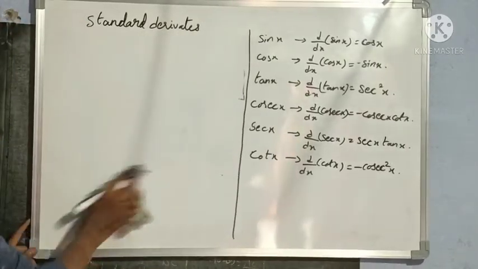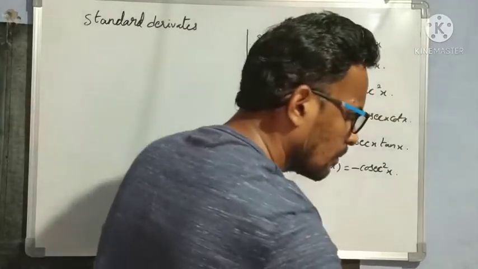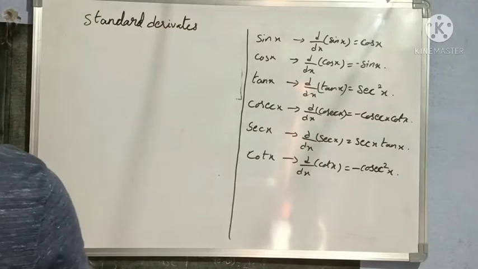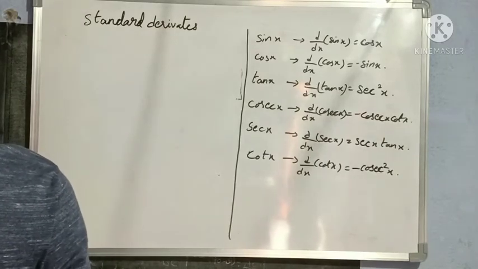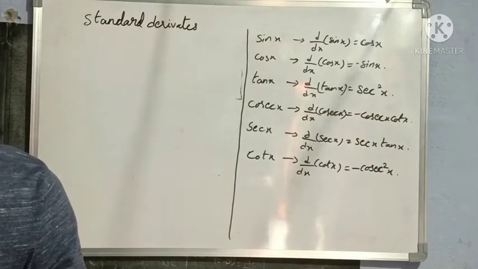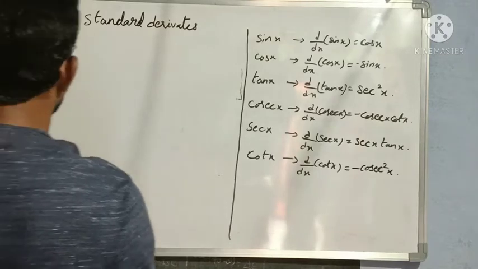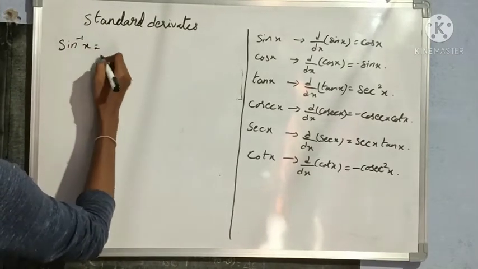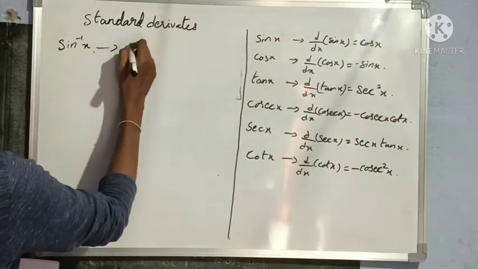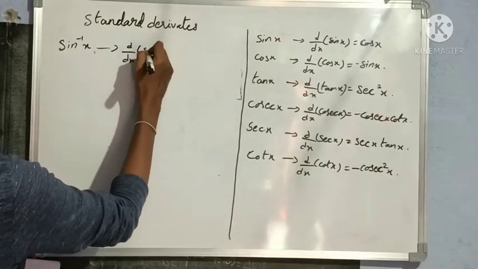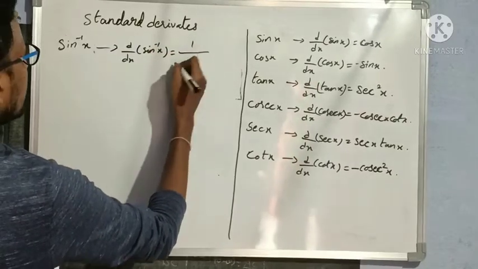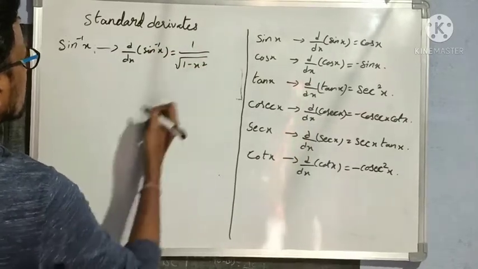Now let us see inverse functions. So sin inverse x: d by dx of sin inverse x is equal to 1 by square root of 1 minus x square.